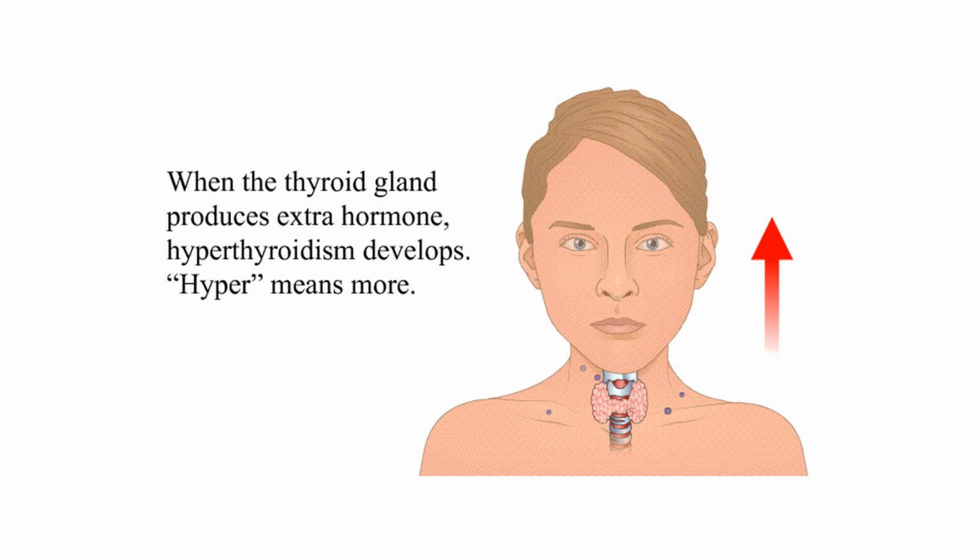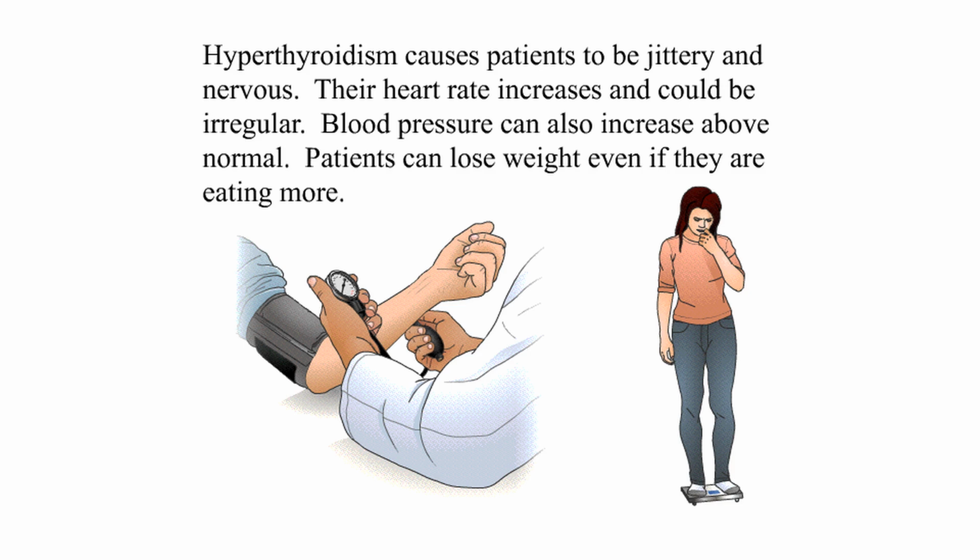Hyperthyroidism. When the thyroid gland produces extra hormone, hyperthyroidism develops. Hyper means more. Hyperthyroidism causes patients to be jittery and nervous. Their heart rate increases and could be irregular. Blood pressure can also increase above normal.